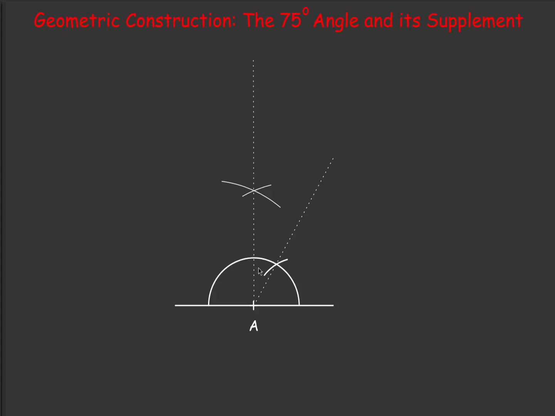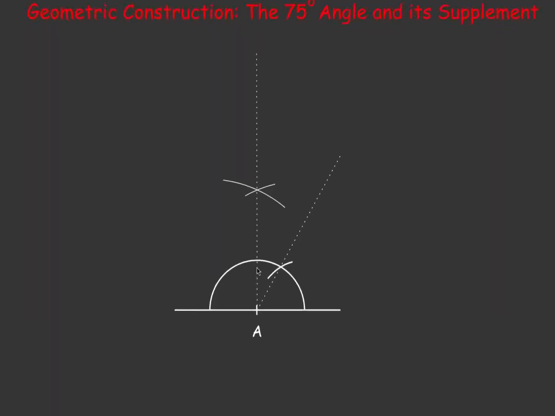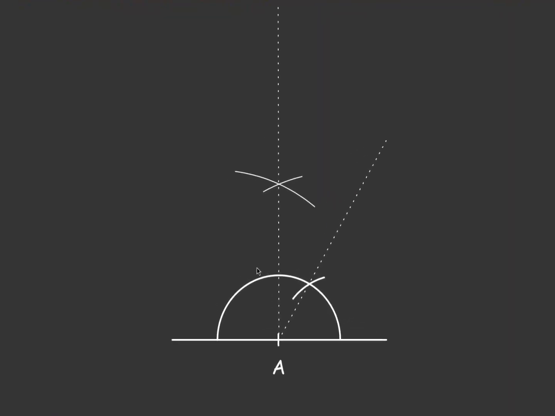You see? Now, if this angle here is 30 degrees, if we bisect it, that is, we divide it into two, it's going to be 15 and then 15. And adding 15 to 60 degrees would give us 75.